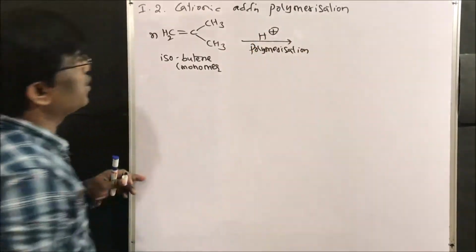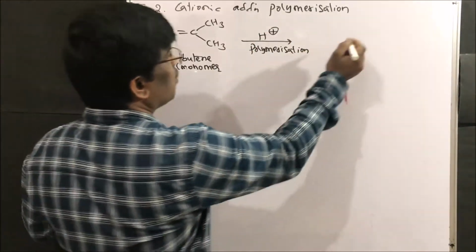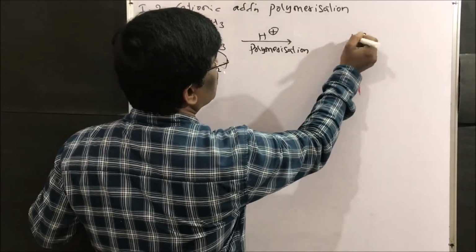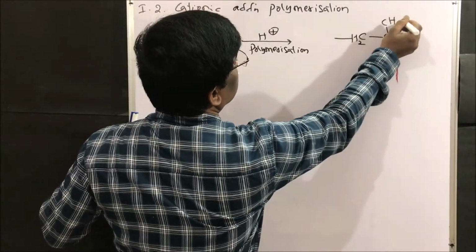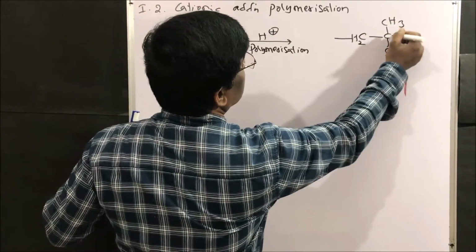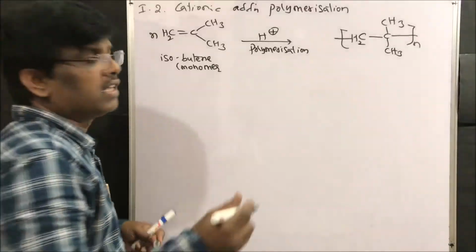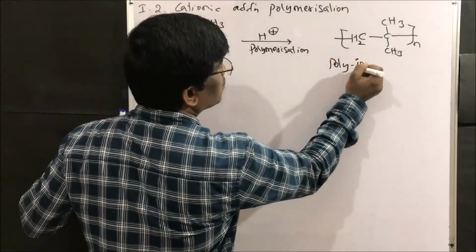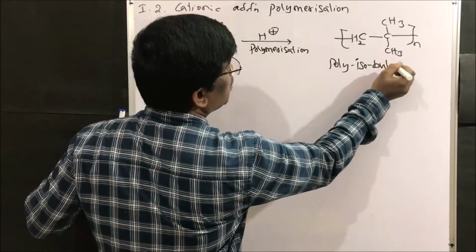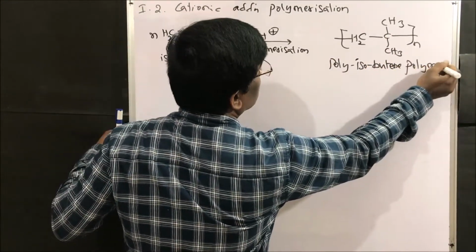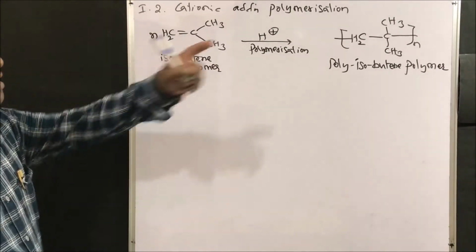Upon polymerization, what are we going to get? Yes friends, we are going to get CH2, CH3, and this is polyisobutene polymer. So this is cationic addition polymerization.